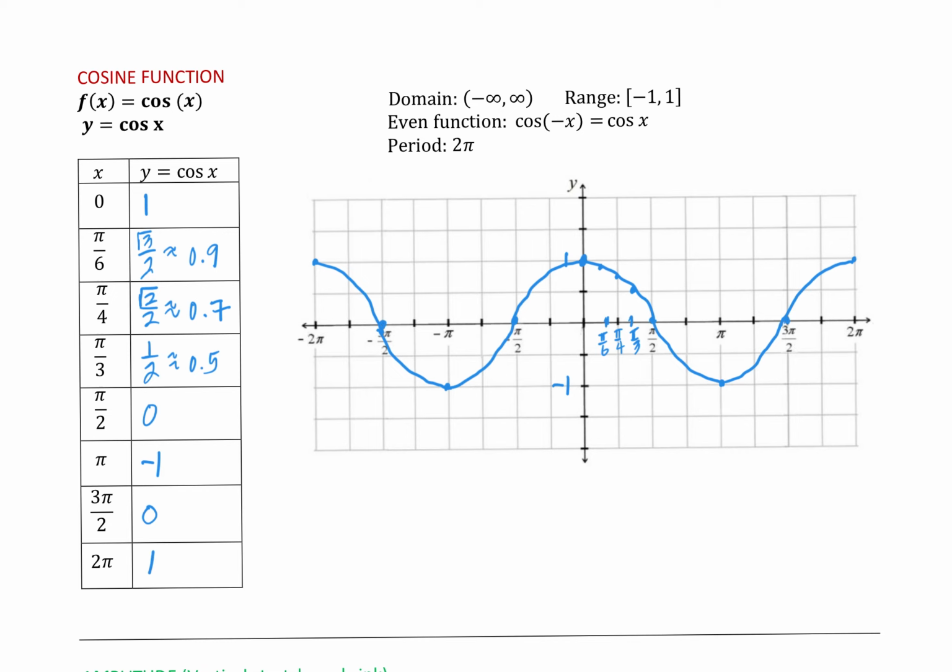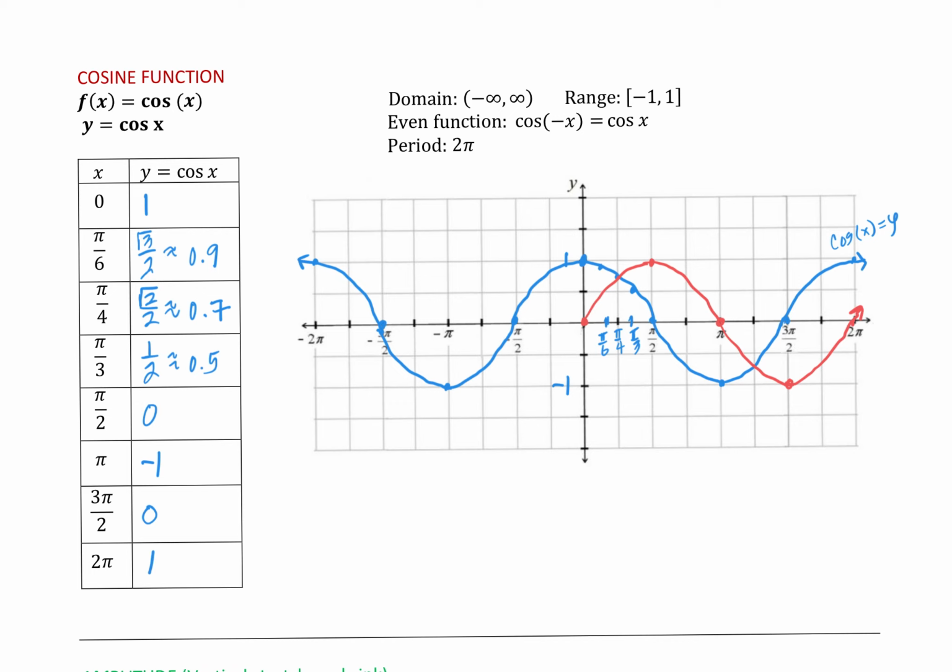And in fact, maybe I will graph them together. So this is our graph going on forever. This would be cosine, and it goes on forever. Here, let me just go ahead and quickly sketch sine. 0, 1, 0, negative 1, 0. And you see how fast I'm doing this, because those key values are the only ones you actually need, and then you just have to remember the curvature.